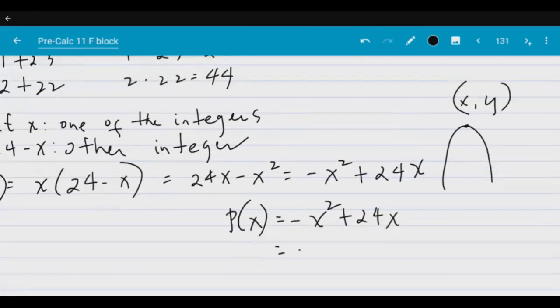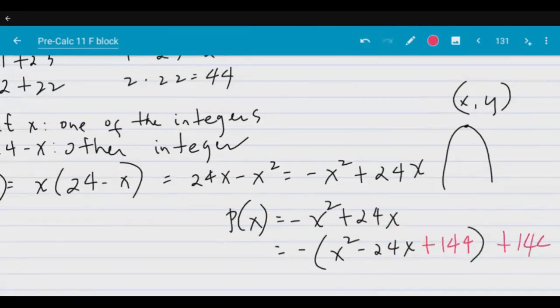And we are going to factor out the negative, which gives us x squared minus 24x. Okay, what are we going to add here? Divide this by 2, that would be negative 12, squared, that would be plus 144. Are we adding 144 here, or are we subtracting 144?